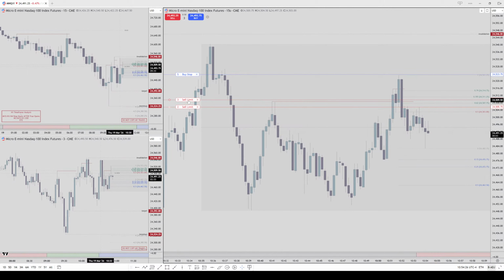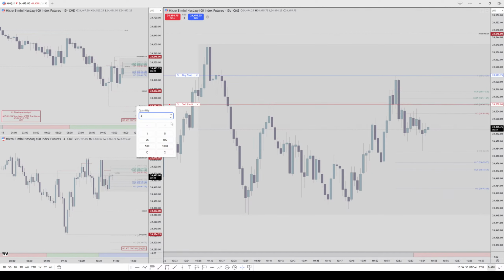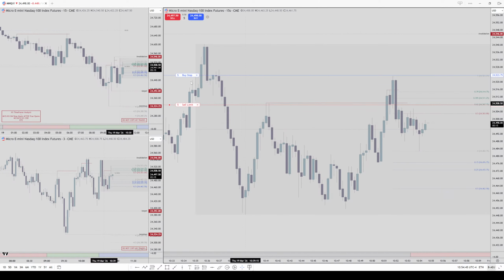Maybe I'll just sell 5 here to keep things simple. Yep. At 62%, which is above a swing high.